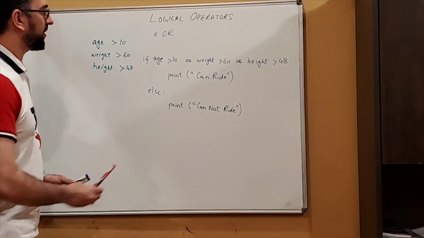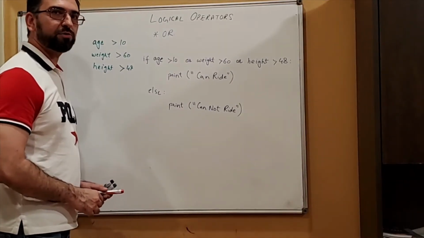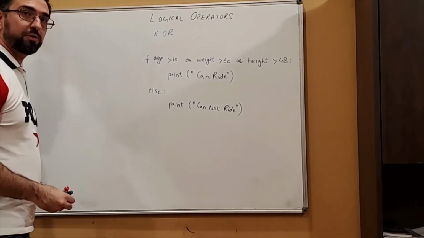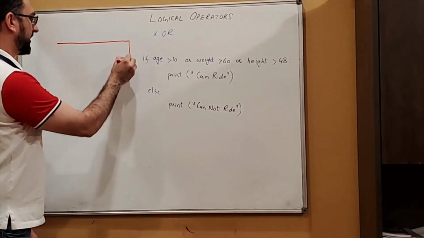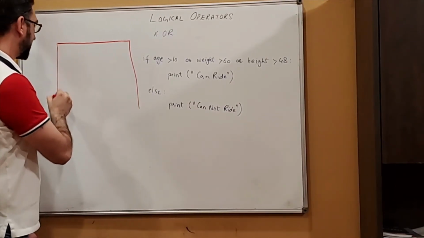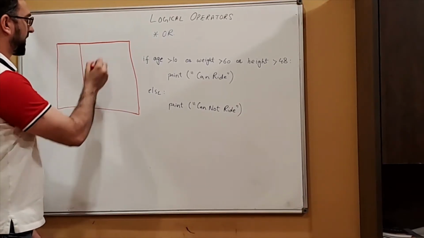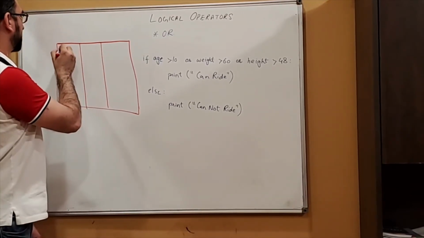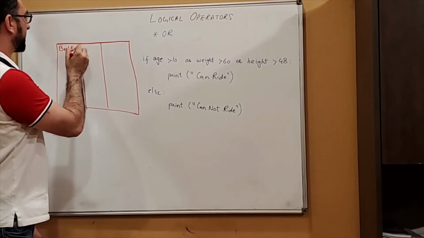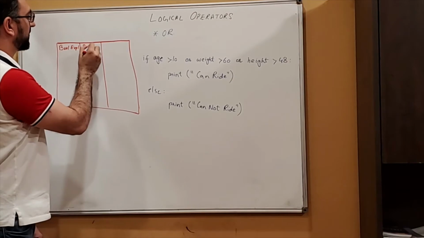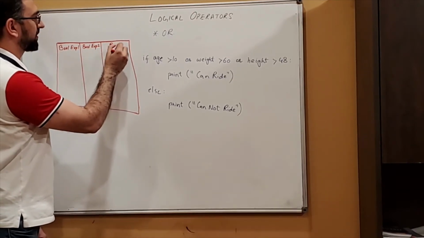So in order to understand that evaluation, we'll have to look at the truth table. Now, if you look at the truth table for the OR expression, it looks something like this. So this is Boolean expression 1, Boolean expression 2, and the result.